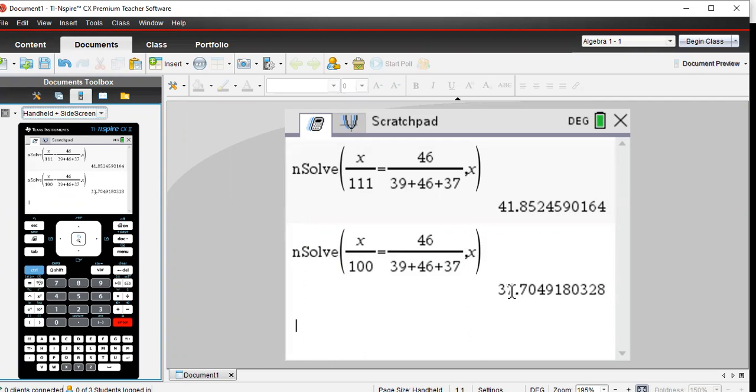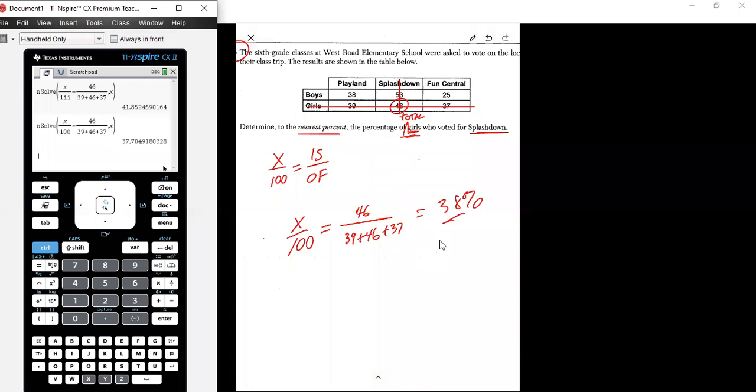So the first 7 is the whole number, and then you go to the decimal. And since this is greater than 5, it's going to get rounded up to 38%. That would be our answer. So let's go here. And our answer would be 38%.